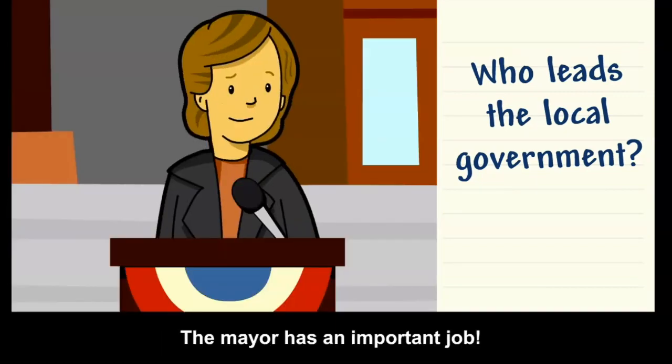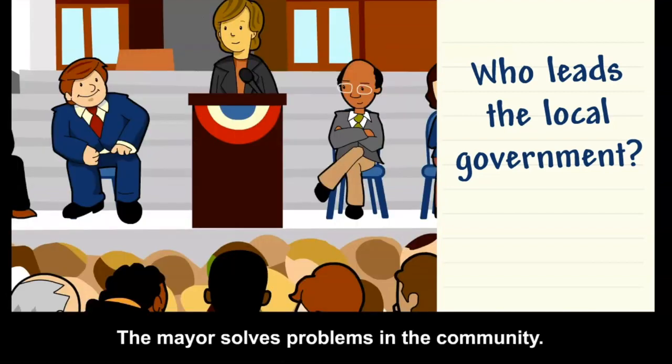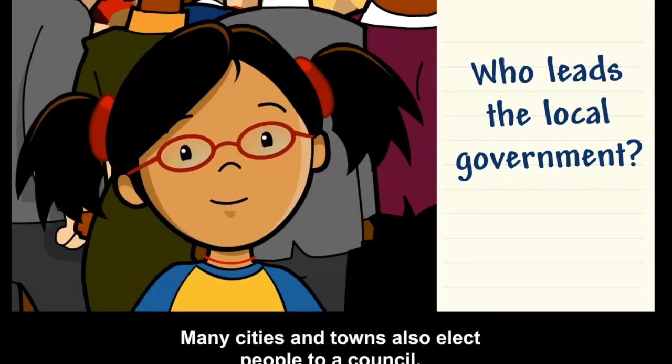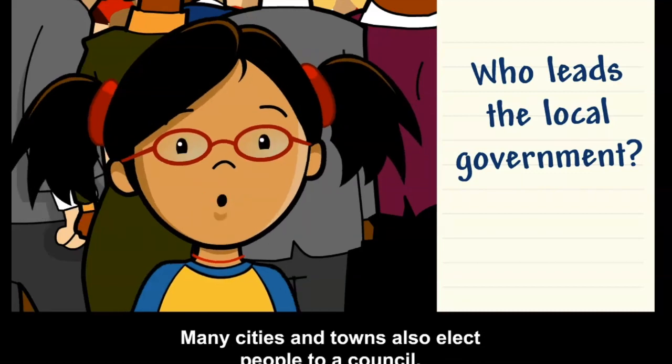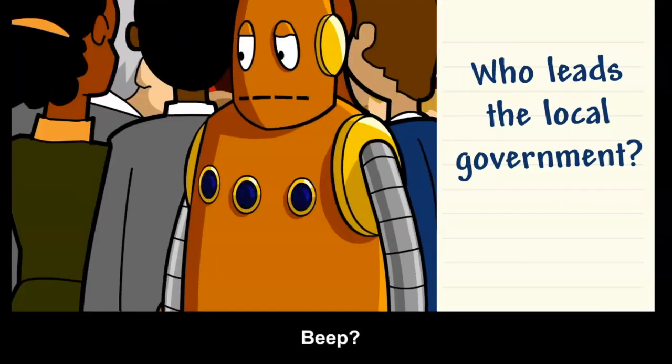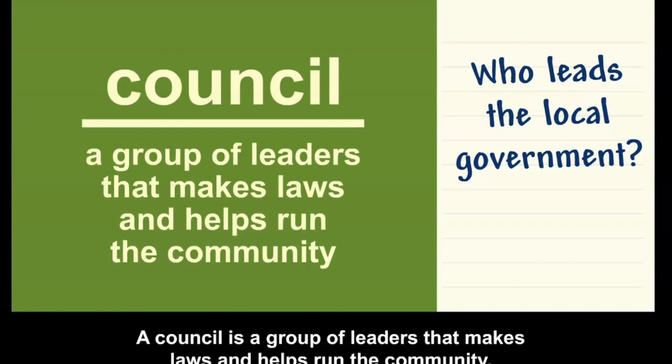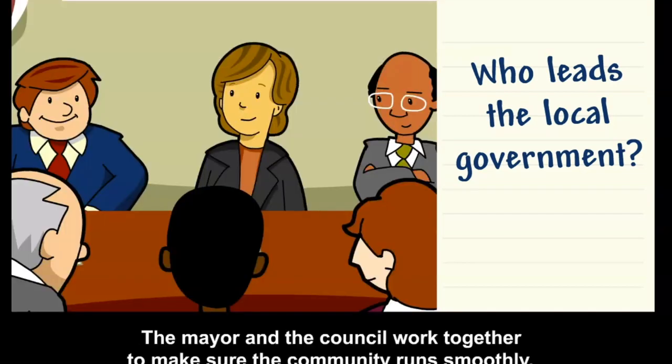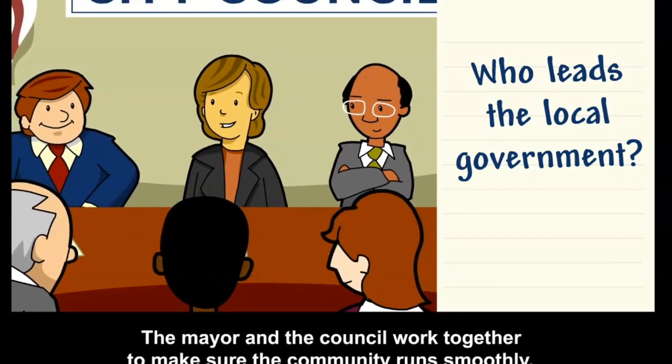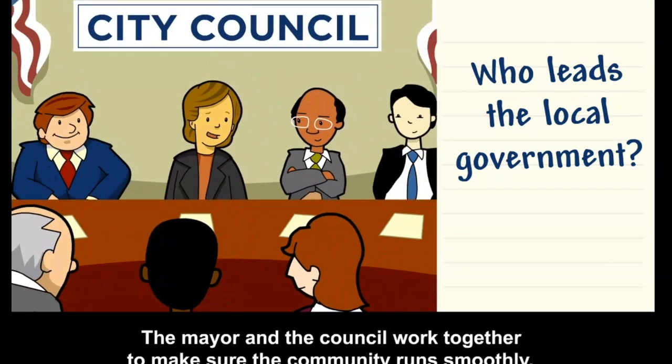The mayor has an important job. The mayor solves problems in the community. Many cities and towns also elect people to a council. A council is a group of leaders that makes laws and helps run the community. The mayor and the council work together to make sure the community runs smoothly.